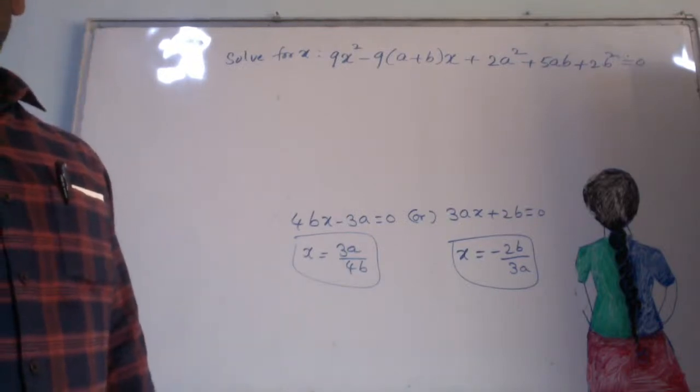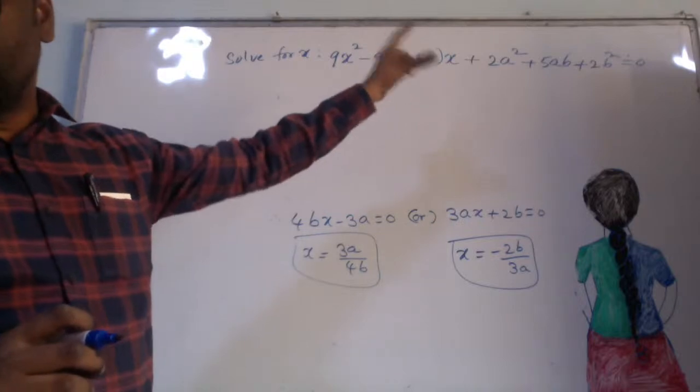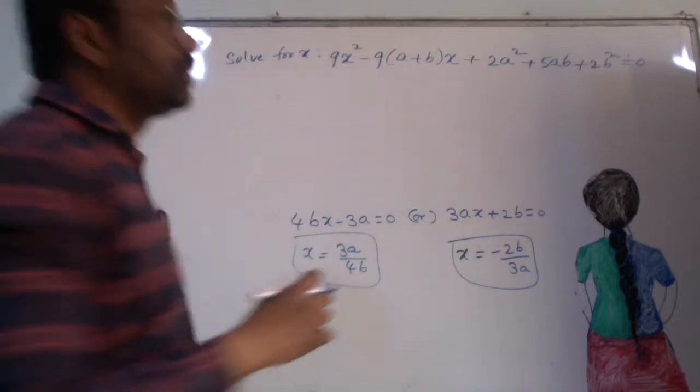So 9x square minus 9 times (a plus b)x plus 2a square plus 5ab plus 2b square.